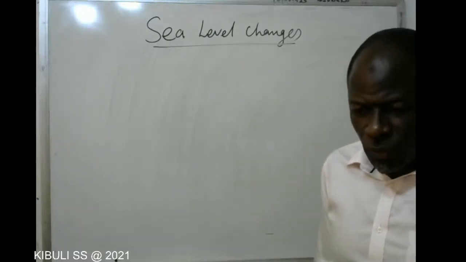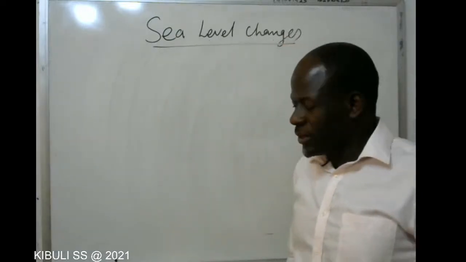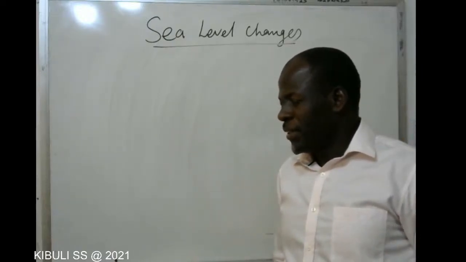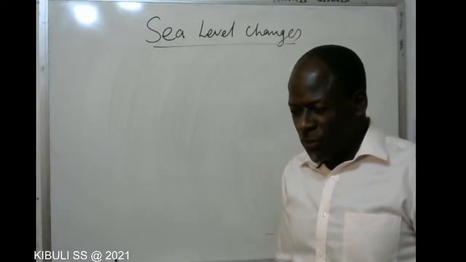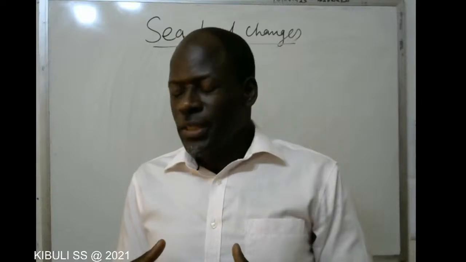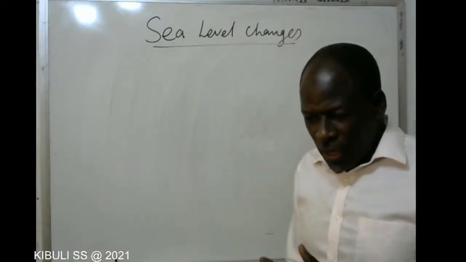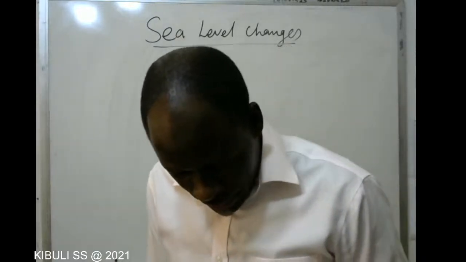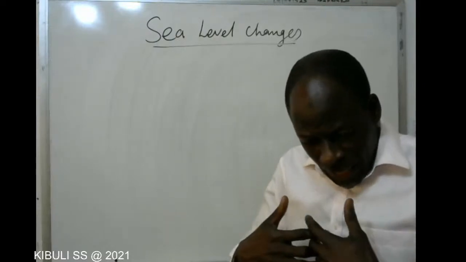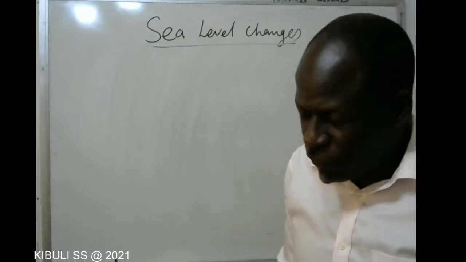So there are times when water levels may rise. We mentioned last time that even on the shores of Lake Victoria, in the whole of 2020, we had cases of rising water levels, and people along the lake shore were displaced because their areas were flooded. Why? Because the water levels rose and exceeded the areas they were occupying before.